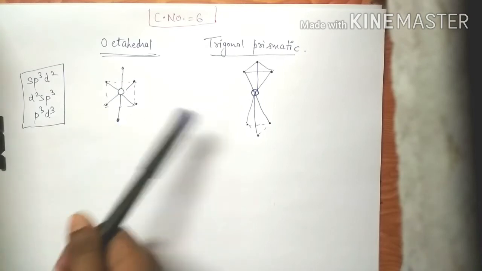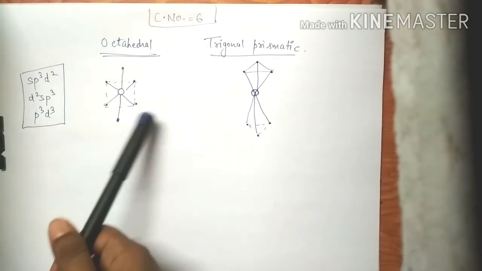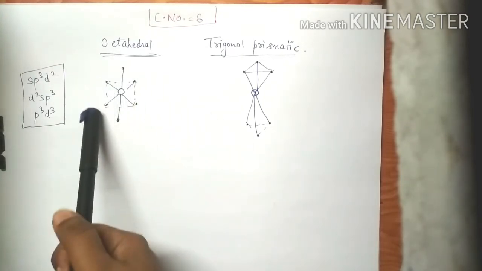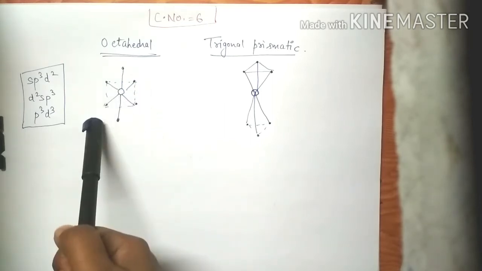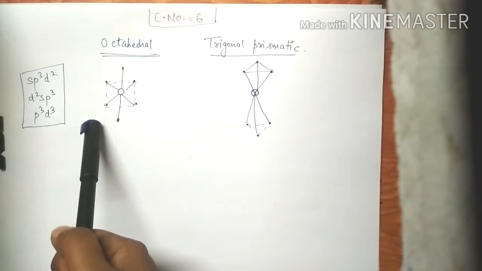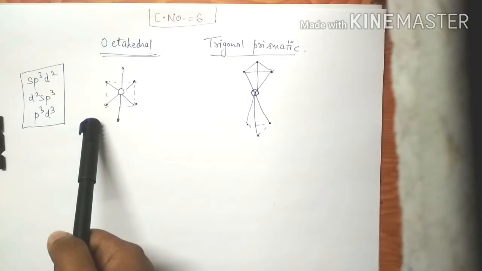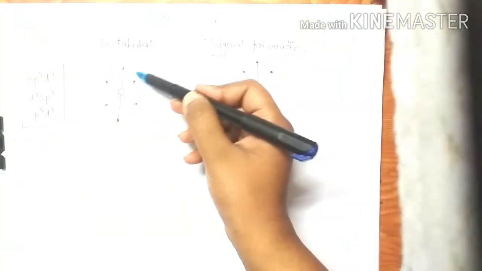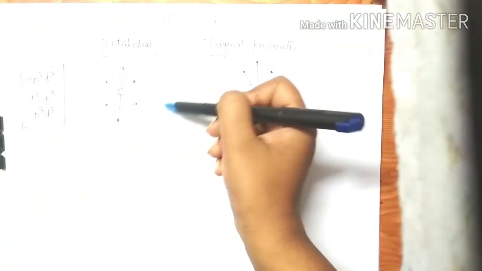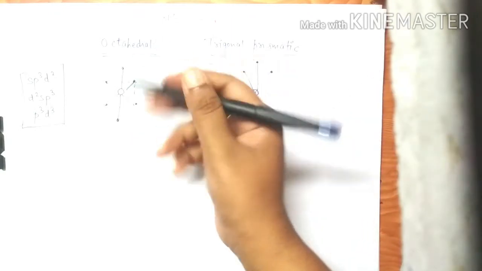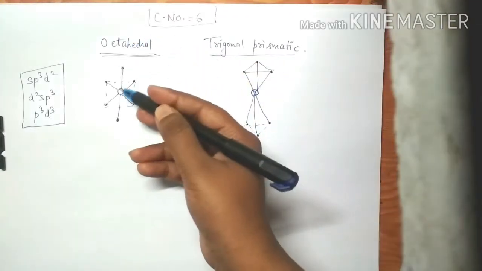If you look at these two geometries, you will see that in octahedral geometry there are 4 ligands present in the plane. So bulky ligands will not show this type of octahedral geometry, because if all 4 bulky groups are there, they will not be able to adjust themselves in the same plane along with the central metal atom.